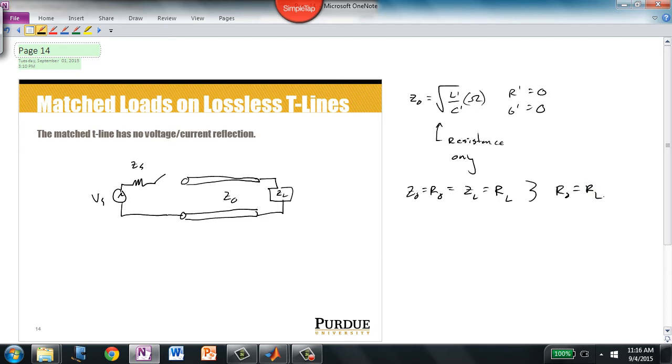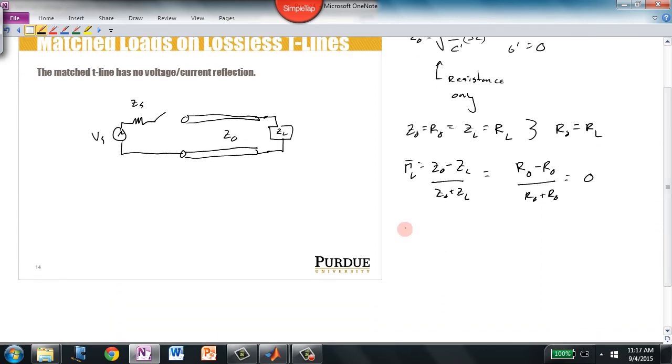If we were to calculate the reflection coefficient at the load, right here, we have reflection coefficient is equal to Z0 minus ZL over Z0 plus ZL. And so in this case, we've got R0 minus R0 over R0 plus R0, and that's equal to 0 over 2R0, or just 0. So we've got a reflection coefficient of 0.